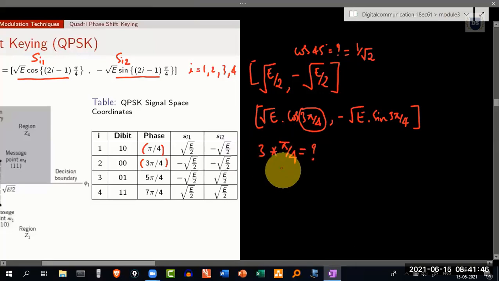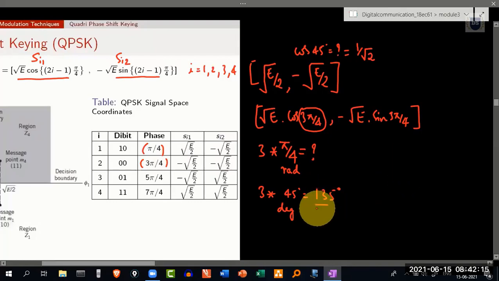This is in terms of radians, so all you've got to do is do this multiplication in degrees. What is 3 times 45? Yes, it's 135.